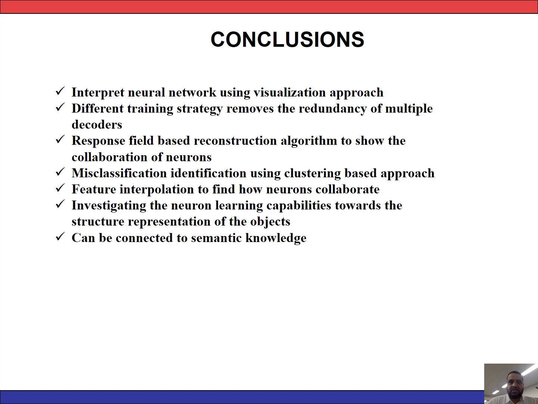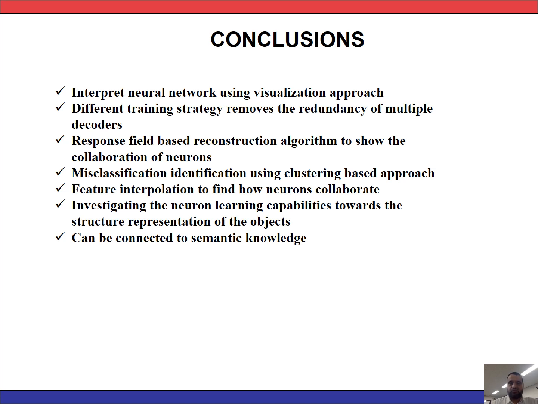So this was all about our research in terms of the interpretation of neural network using the visualization based approach. We adopted a different training strategy to remove the redundancy of the multiple decoders. Like the previous researchers used multiple decoders to visualize different layers.